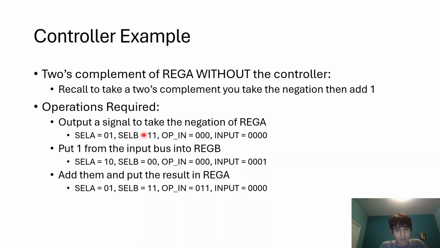Select B being equal to 1, 1 means that it'll hold the value. Then after that, we put 1 into the input bus, set select B to 0, 0, so it'll take the value from there. Then we add them with op-in equals 0, 1, 1. For select A, it takes the output from the ALU, then we hold select B. So now we have the 2's complement of register A within register A.